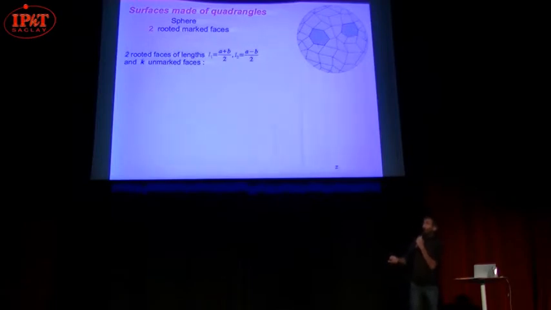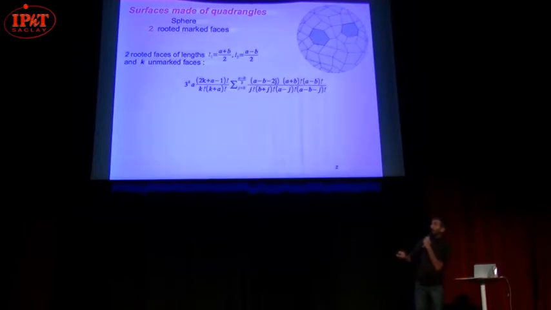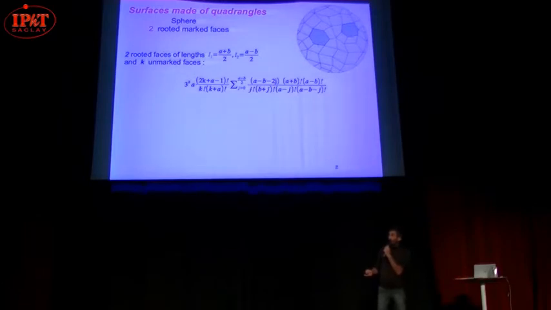Here is the formula for counting the number of quadrangulations with K quadrangles and two special faces of respective lengths L1 and L2. I don't think this one was given by Todd, but it could have.